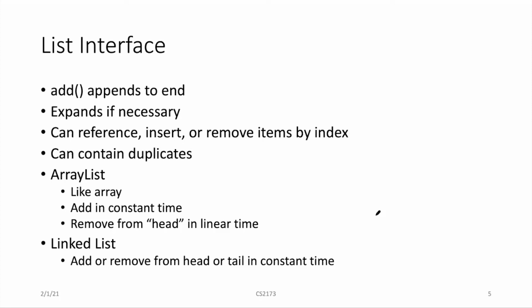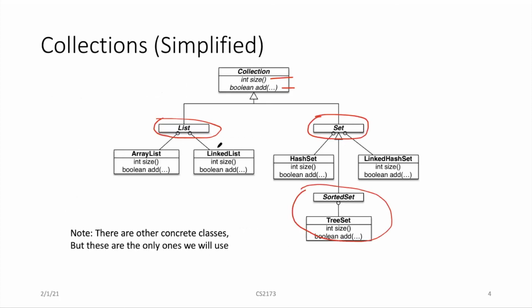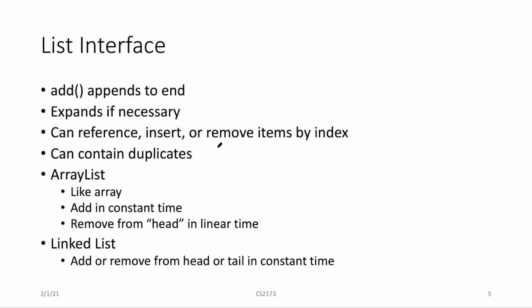Okay, so a list interface. If I have something that is a list, when I say add, it appends it to the end, expands it if it's necessary, and I can refer, insert, or remove items by index. So I can say, give me the third element.